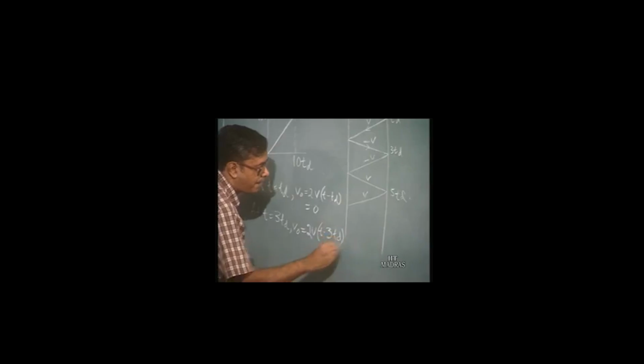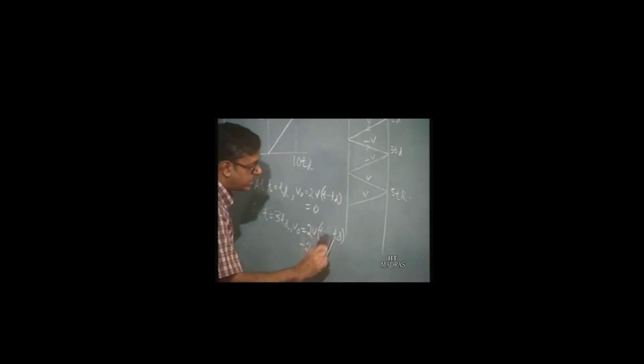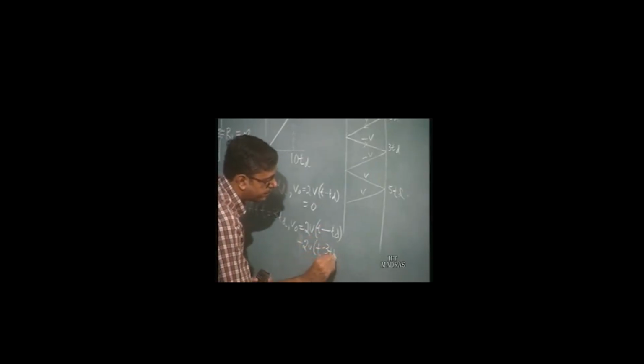So we can write V output is equal to twice V(T minus TD) minus twice V(T minus 3 TD).